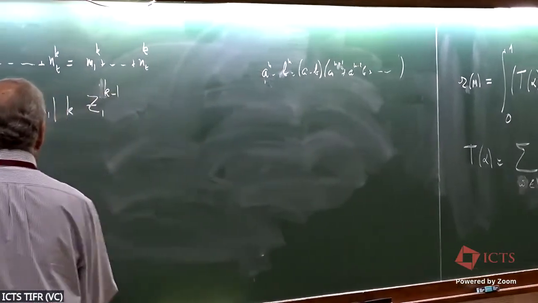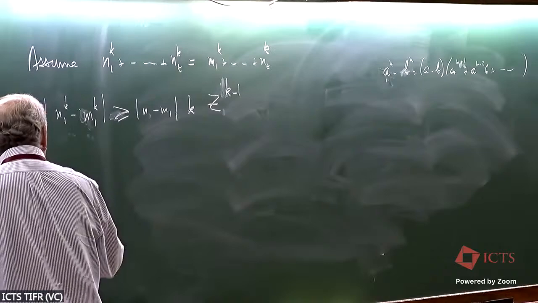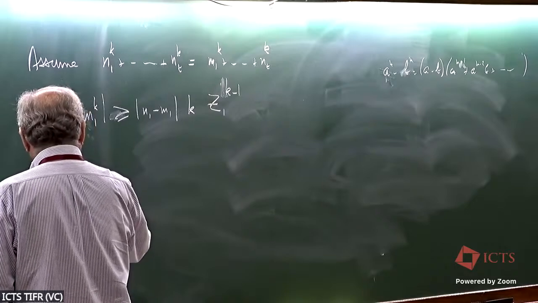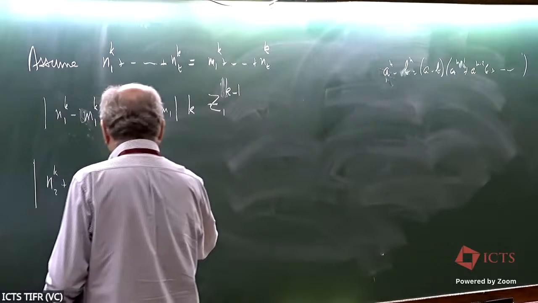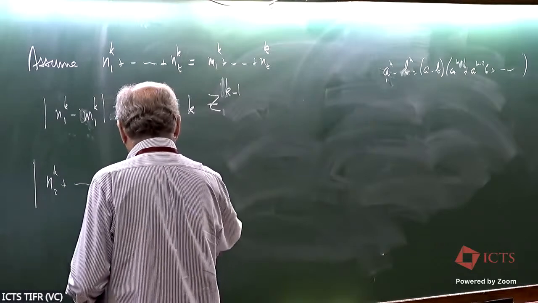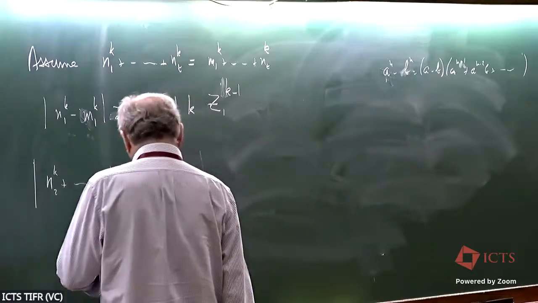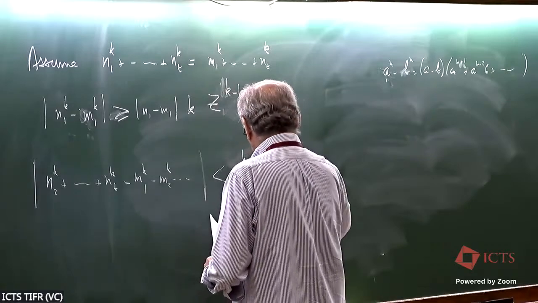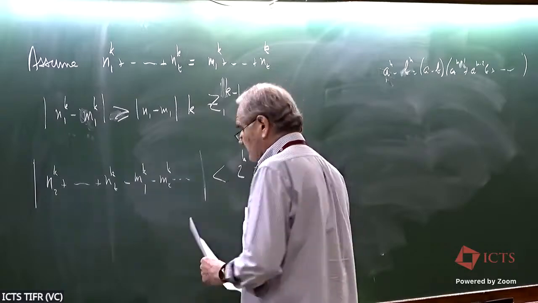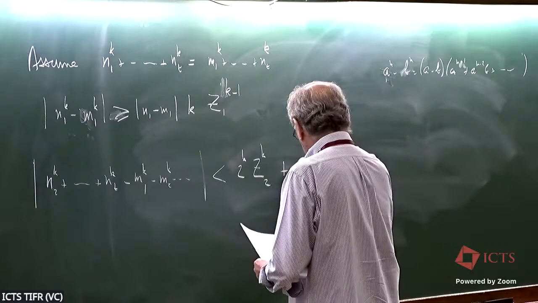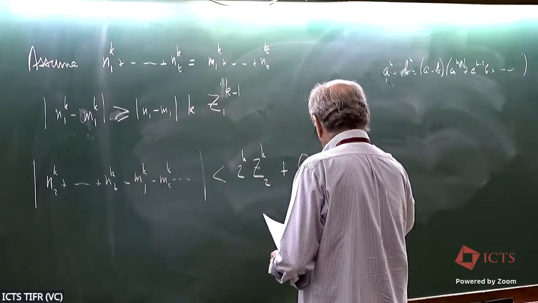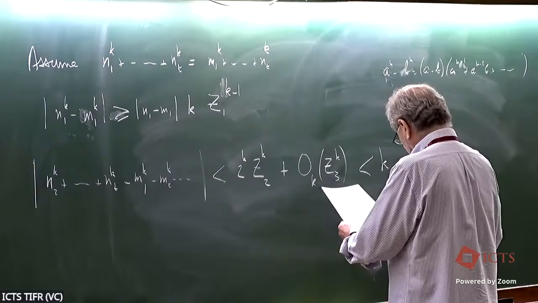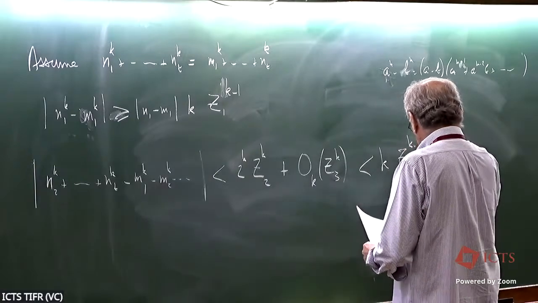So you get this. On the other hand, if you are looking at the difference N2^k plus ... plus Nt^k minus M1^k minus M2^k minus ..., this is at most 2 to the K, Z1, Z2 to the K, and then plus something which will be a big O over K of Z3 to the K. And so this is less than K times Z1 to the K minus 1.